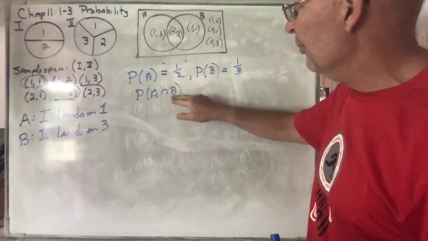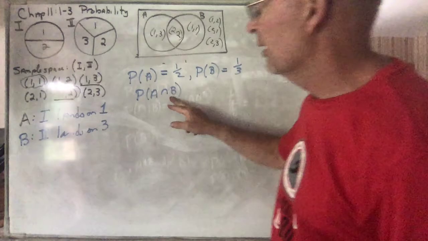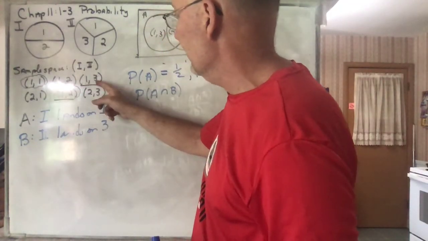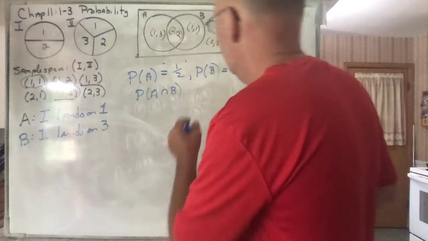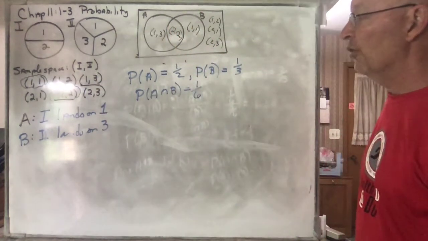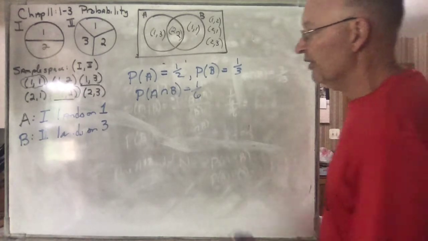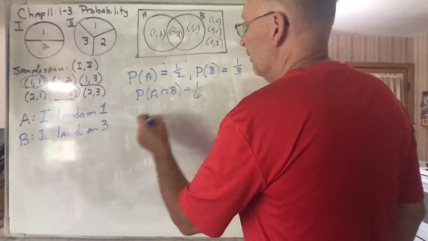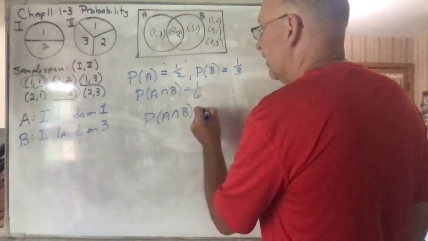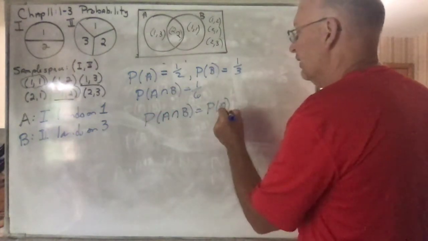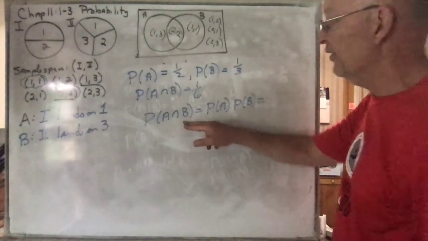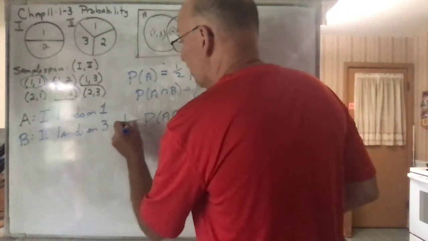Okay? What's the probability that they both occur? So the first one lands on a 1, and the second one lands on a 3. That's that one right there. That's 1 out of 6. See that? So in order to be independent, what's got to happen? The probability of A intersect B has got to be equal to the probability of A times the probability of B. And sure enough, this is equal to 1/6.